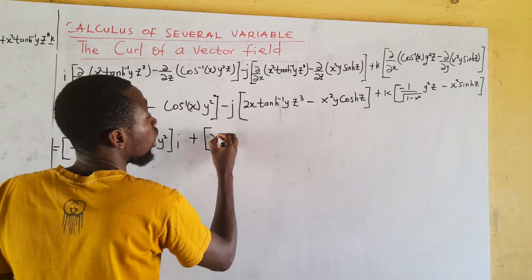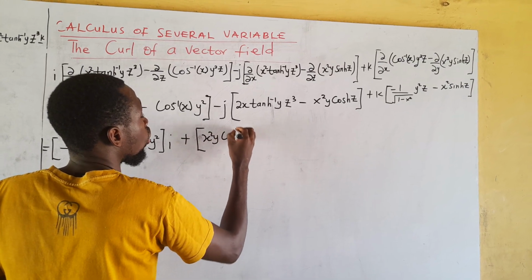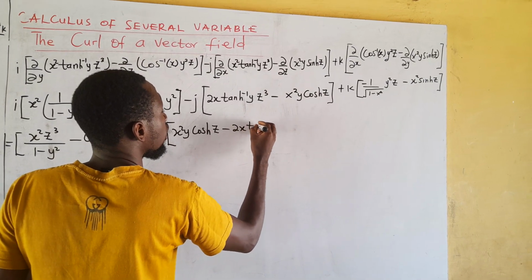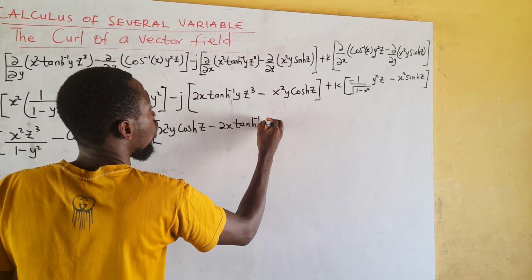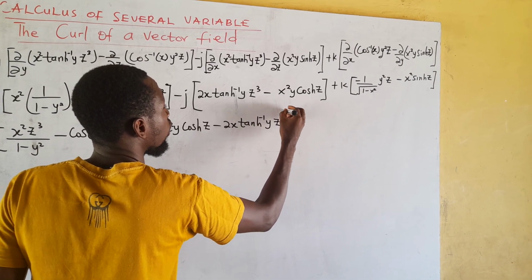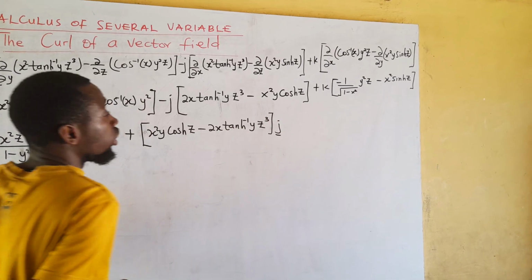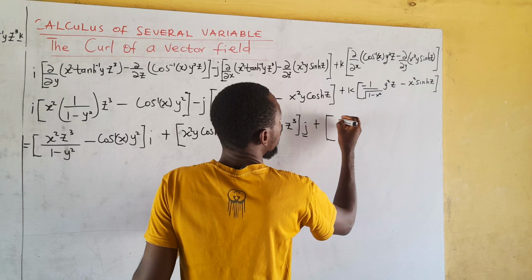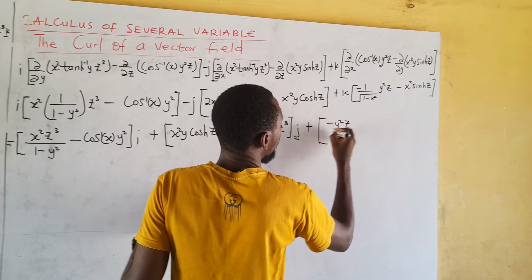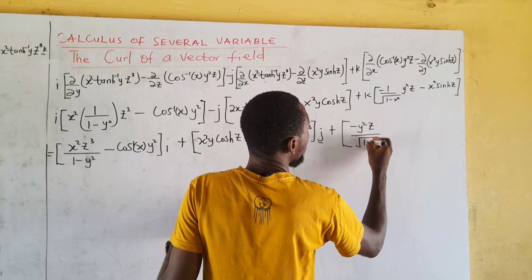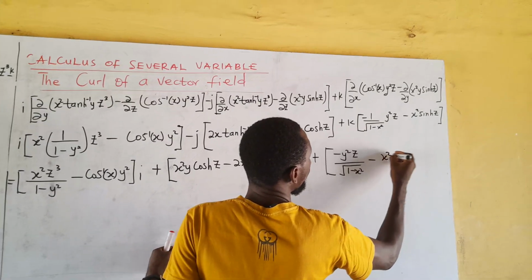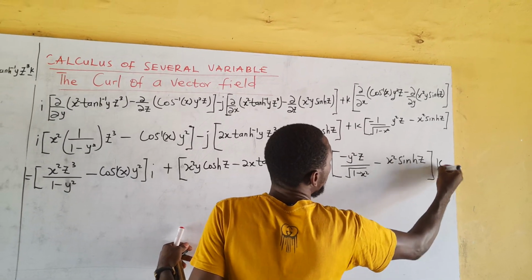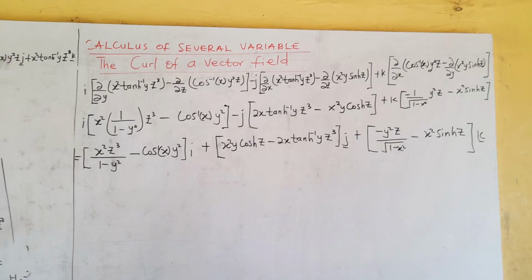So plus x squared y cosh z minus 2x tan inverse of y z cube, and all that in the j direction. Then plus negative y squared z over the square root of 1 minus x squared minus x squared sinh z, all that in the k direction. I hope you understand this very well.